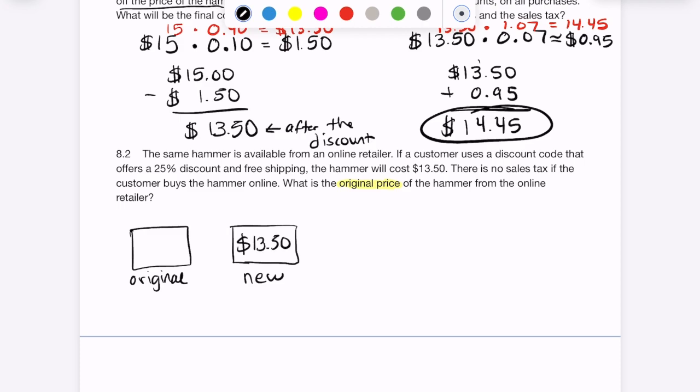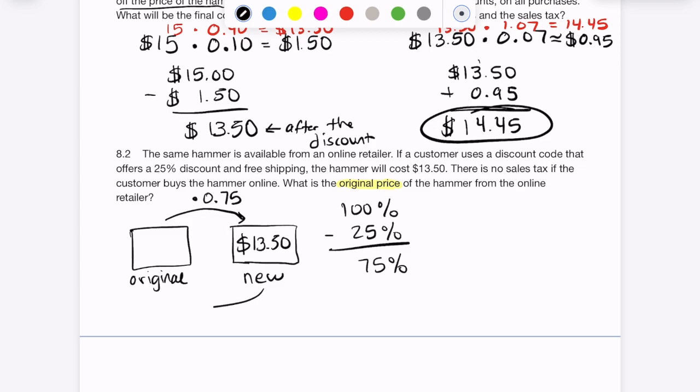And we know that that comes after a 25% discount. So we think the original is 100%, and then I'm discounting that by 25%. So I end up paying 75% of the original cost. So the original times 75%, or 0.75, is going to give me the new.